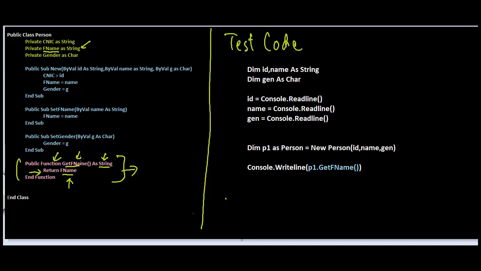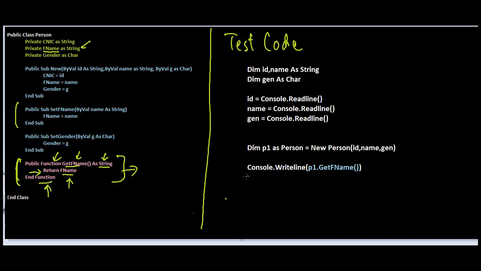And this is the same strategy that we are applying, because we are now trying to read this value of first name. We are trying to find out what the value of first name is. So we've declared a method for that, just like we had declared a method to assign a value to first name. Now we have declared a method to read the value of first name. And this time we are using a function instead of a subroutine or a procedure, because the function returns a value.